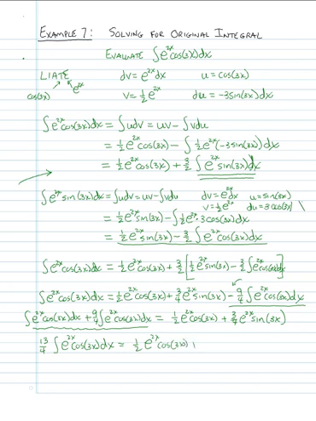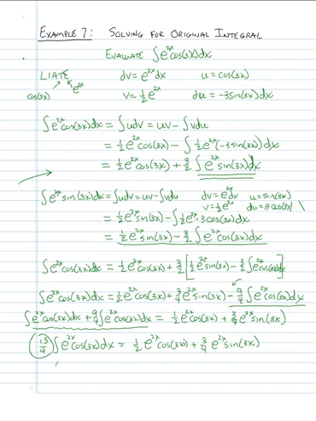Maybe you see where I'm headed now. Plus 3/4 times e to the 2x times sine of 3x. And where I'm headed is to multiply both sides by the reciprocal of 13/4. And if I do that, then I'll have that integral on one side alone. So I'm going to multiply both sides by the reciprocal of 13/4.